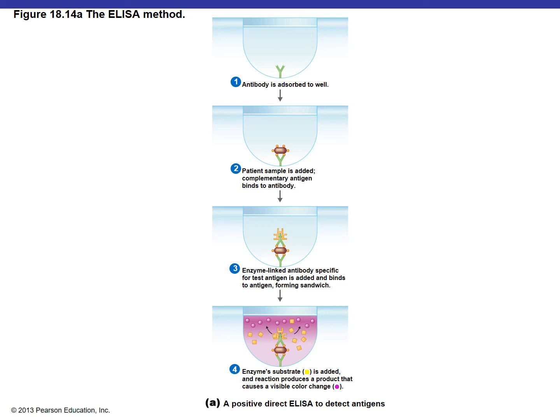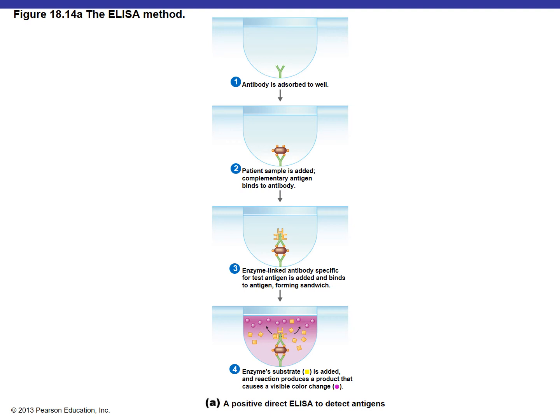This is a positive reaction that we're showing here, but if the patient doesn't have the antigen, nothing binds, right? Then in the next step, you add the enzyme-linked antibody, and in this well, number 3, it's binding, because the antigen is present. But if the antigen is not present, that second antibody doesn't bind. You wash the well.